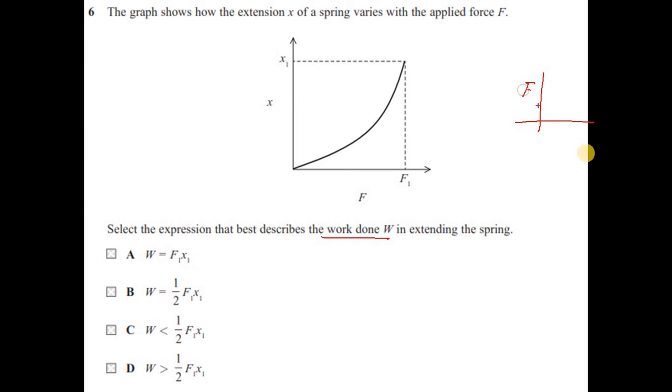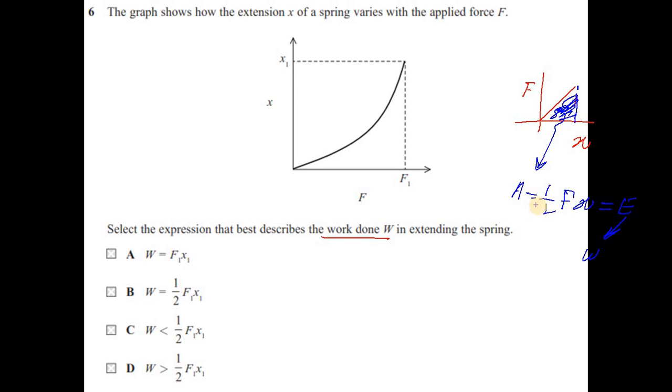force on the y-axis, extension on the x-axis, and if you have a straight line like that, the area under this line is area A, half Fx, which is energy stored, or work done.